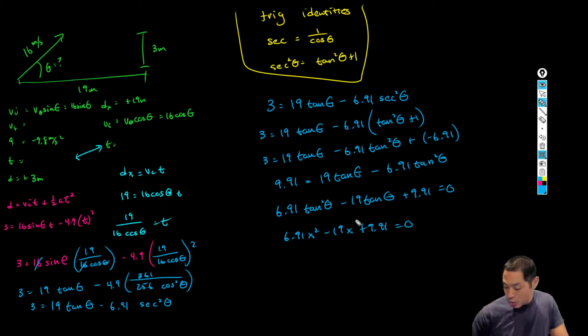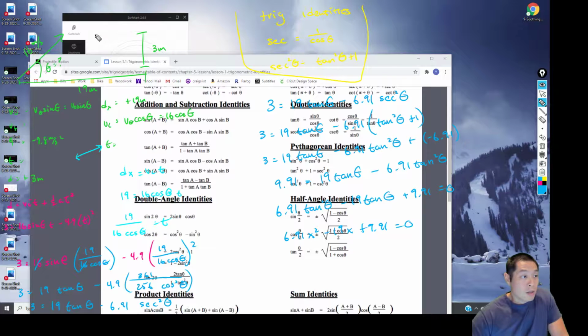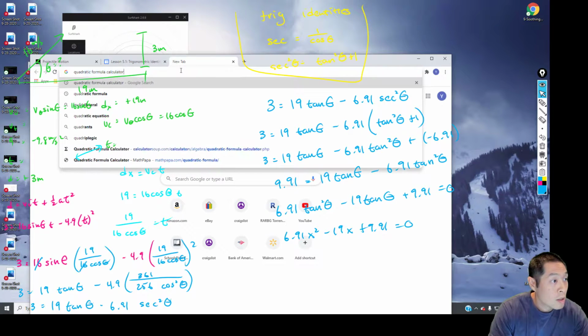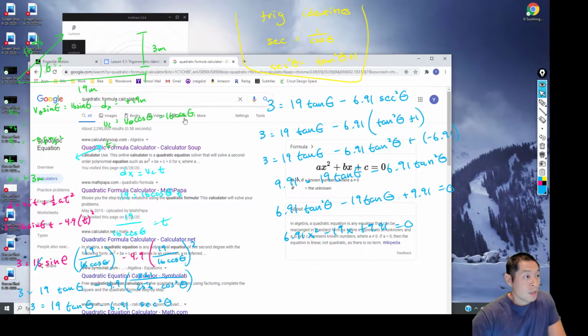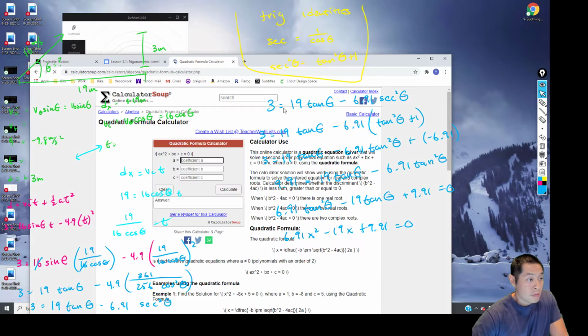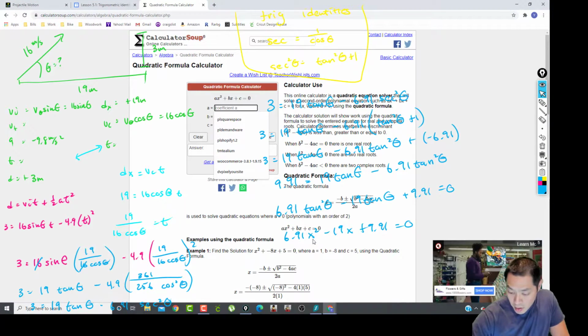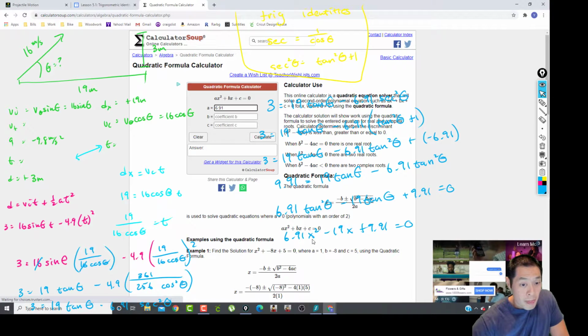Plug this into a quadratic formula. So I'm going to do that right here. Quadratic formula calculator. I'll put in my numbers. 6.91.